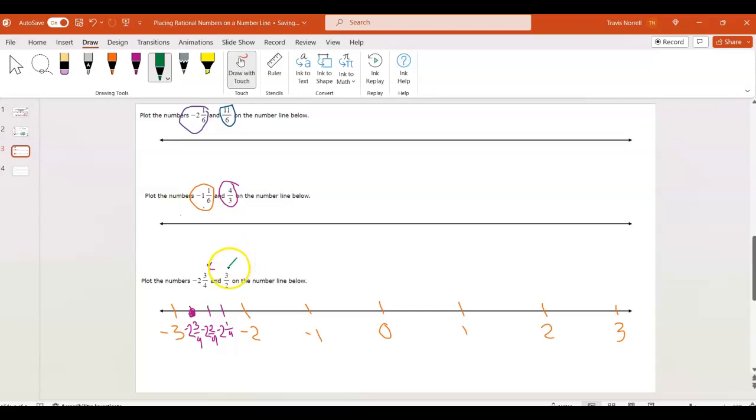Now, pause the video and see if you can find where +3/2 would go.